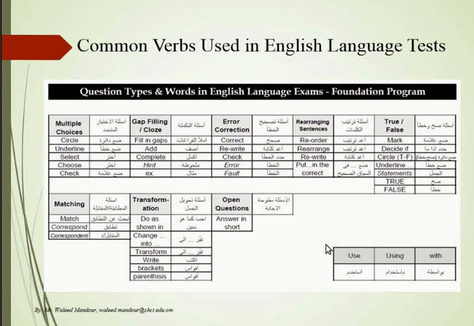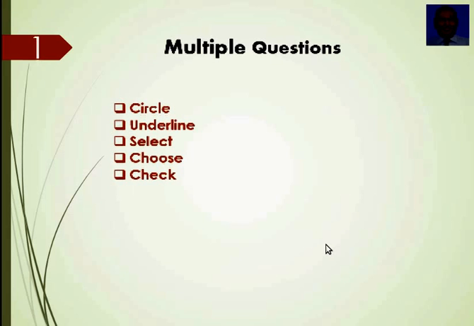Let's start with the first type that we have here, which is multiple choice questions. In multiple choice questions, we talked about certain types of verbs like circle, underline, select, choose, check.